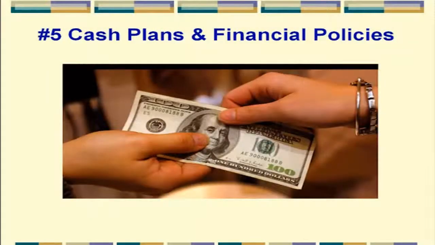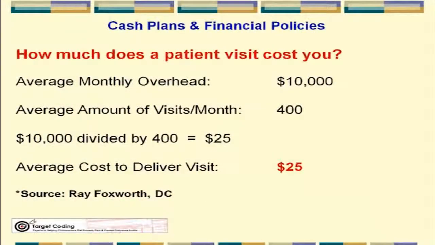All right, we're up to step 5, which are cash plans and financial policies. So let me ask you a question. Do you ever think about how much it costs you to give a patient a treatment? Let's say your overhead is $10,000. That's everything: your rent, staff, all your leases on equipment, everything that it costs you to run your business.